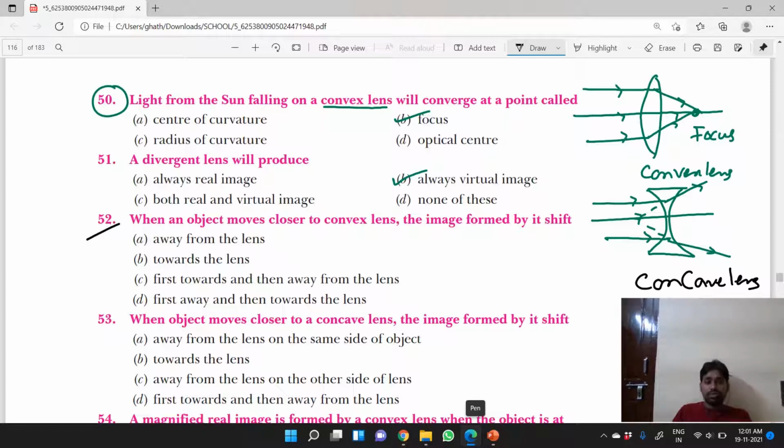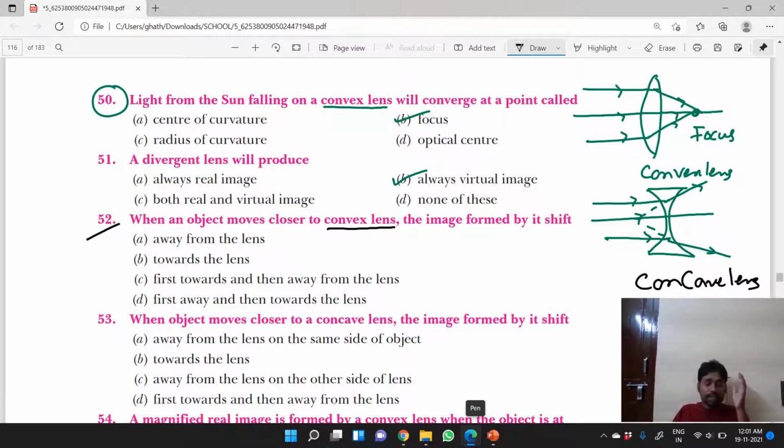Next, question 52. When an object moves closer to the convex lens, the image formed by it shifts first away, then towards.